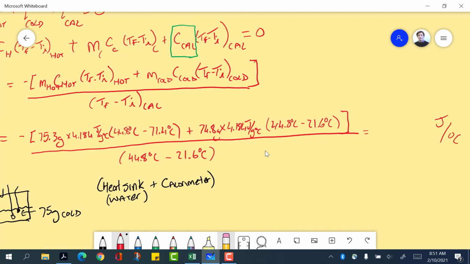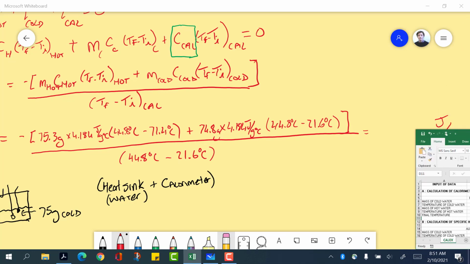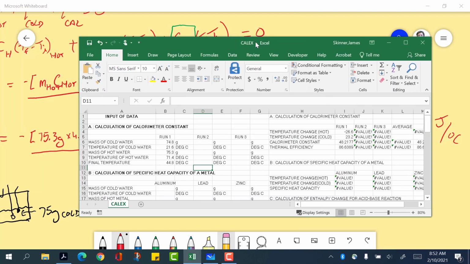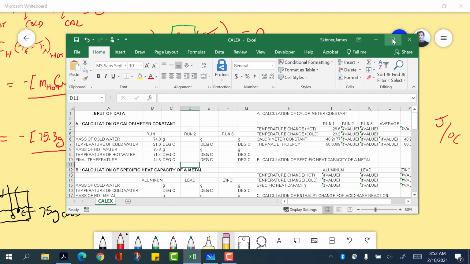per degree Celsius. And when they were doing this experiment, there was actually a spreadsheet that they used, and this is the spreadsheet.